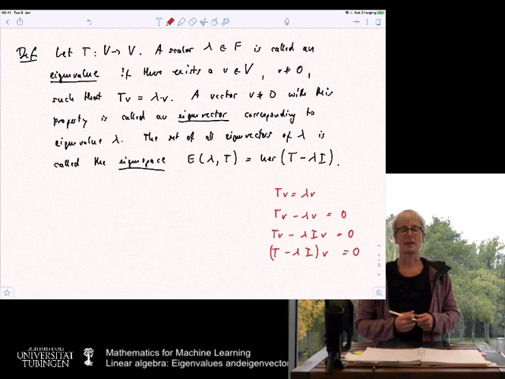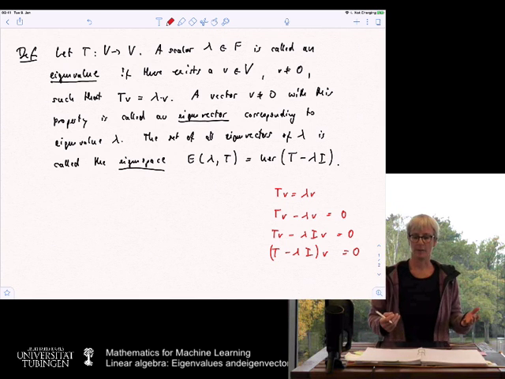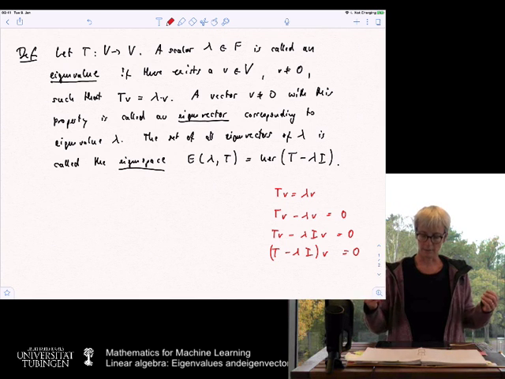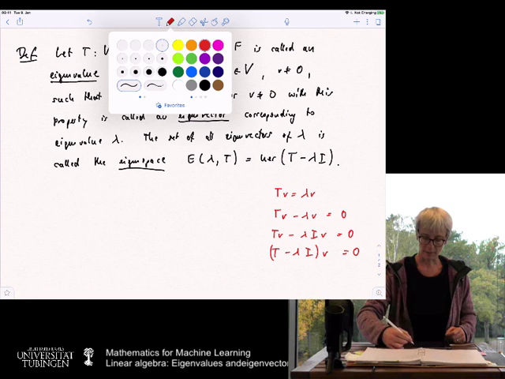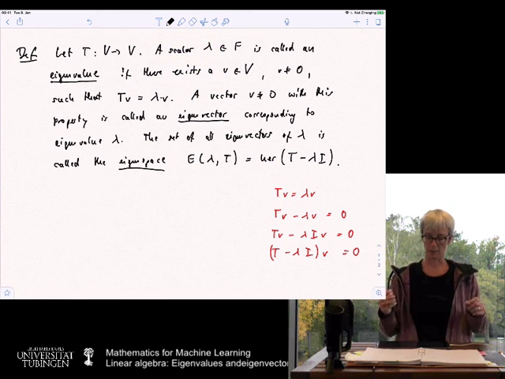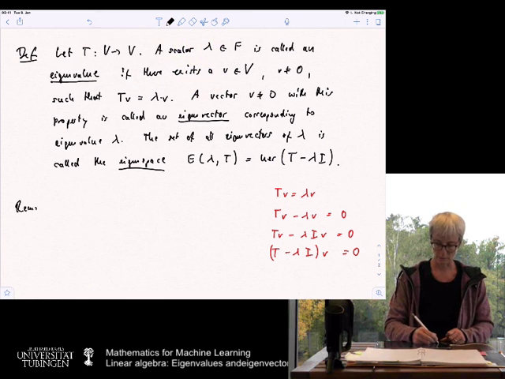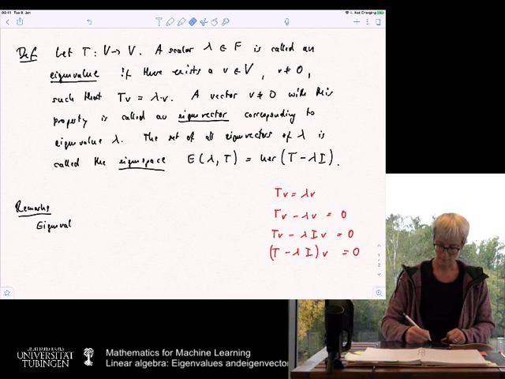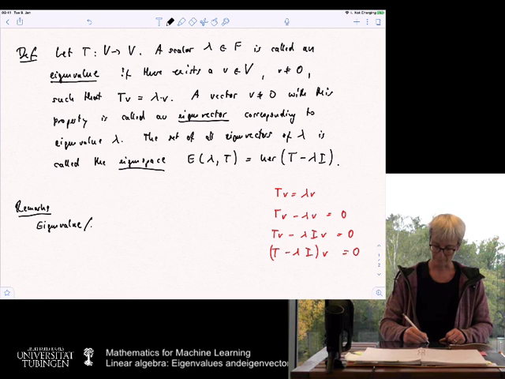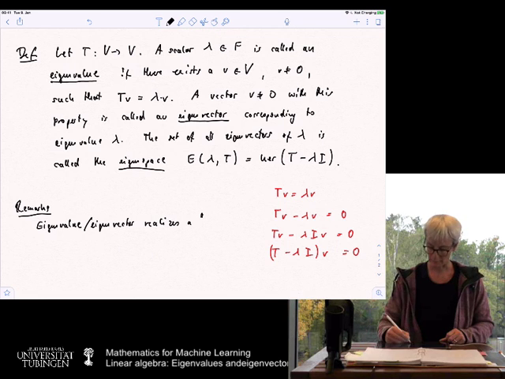Okay, let me maybe start with a couple of remarks. So I already said that an eigenvector realizes a stretching.